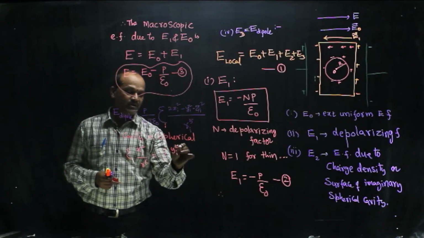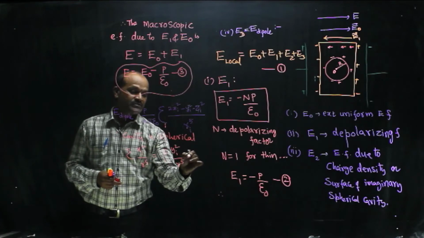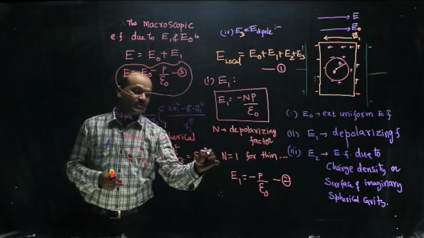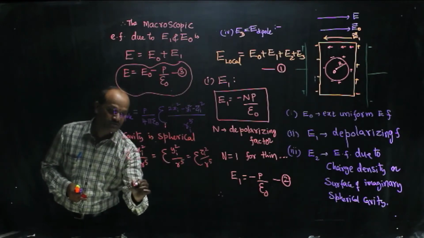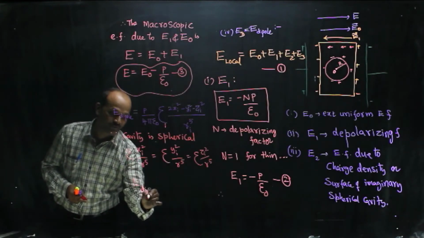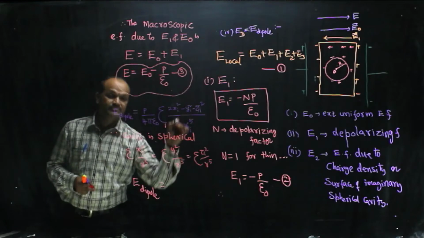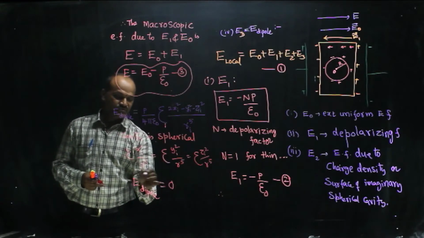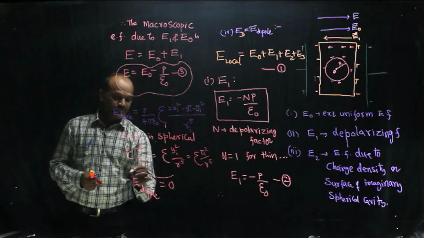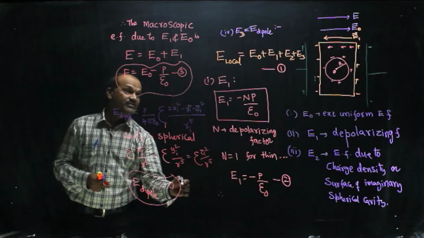Yi square by r power 5 is equal to zi square by r power 5. So finally, if you substitute those values, you will get E dipole as exactly 0. So the electric field due to dipoles inside the cavity is 0.